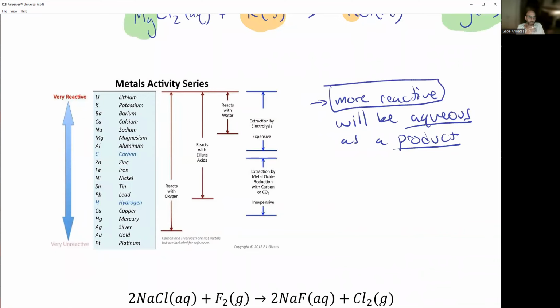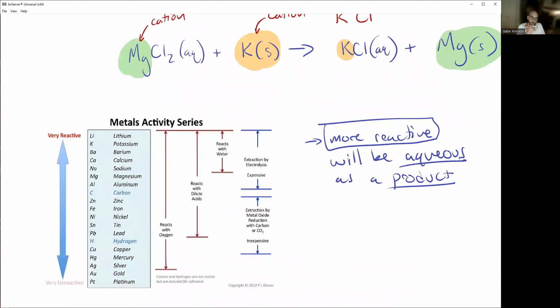Okay, so more reactive means it's going to be the aqueous product. The reaction will not happen. There will be no reaction if this is not true.